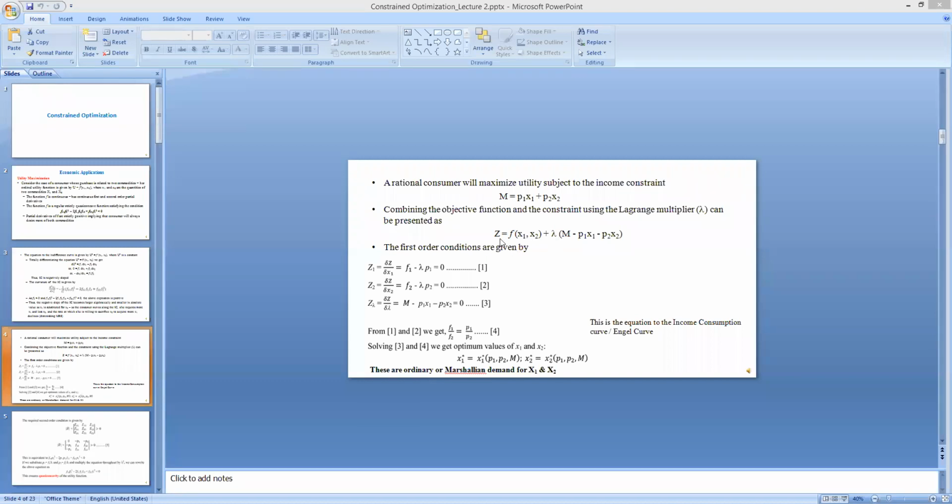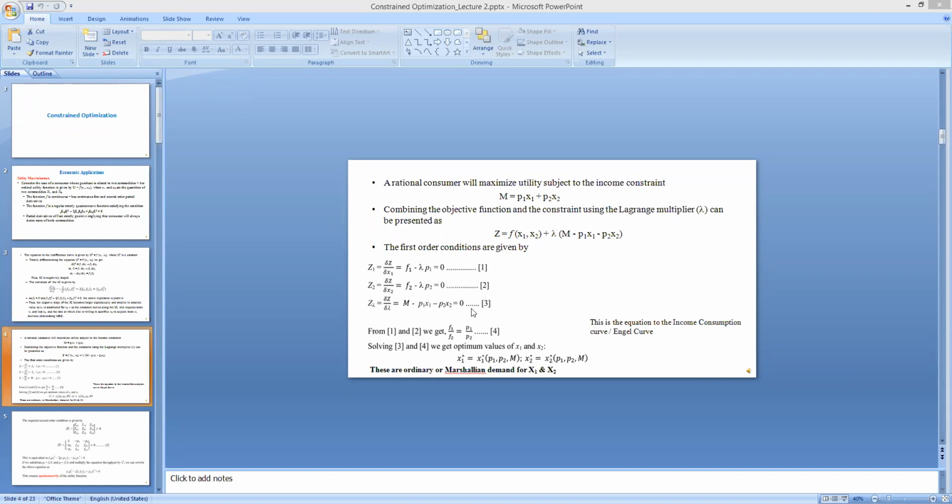So the new objective function is z is equal to f of x1, x2, the original objective function, plus lambda times m minus p1 x1 minus p2 x2. Earlier also I mentioned, I'm repeating once again, if you consider minus lambda, you have to consider the constraint as p1 x1 plus p2 x2 minus m.